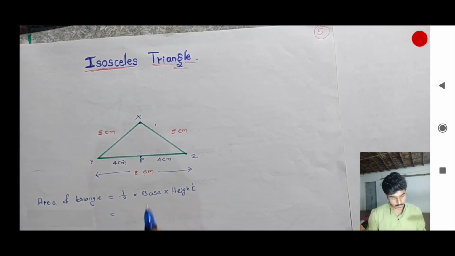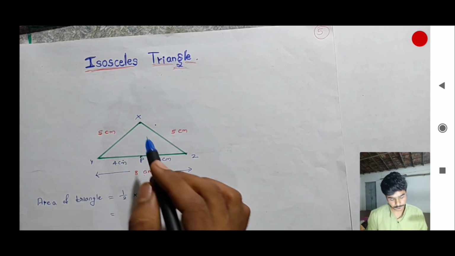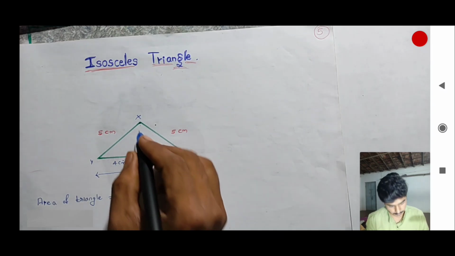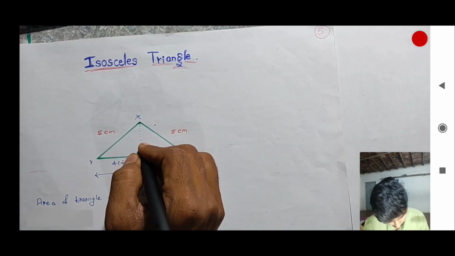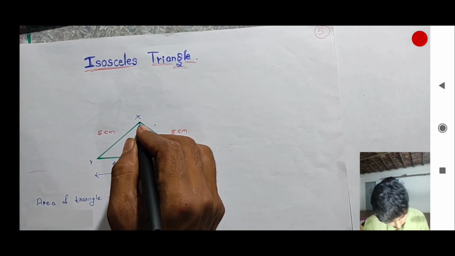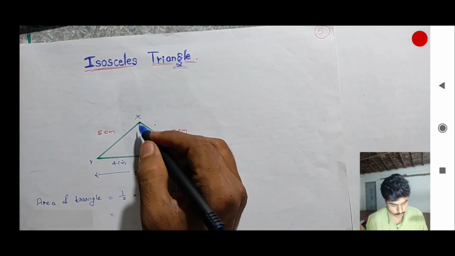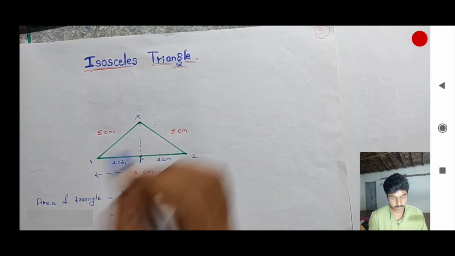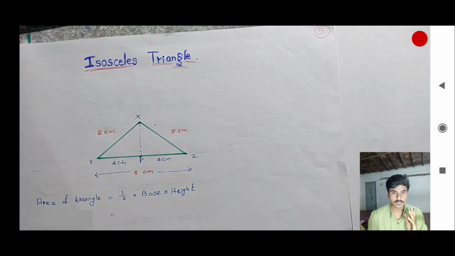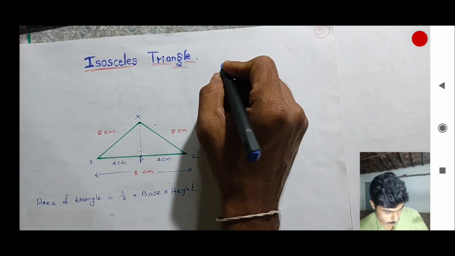Okay. Here also we need to find the value of the height XP. So in order to find the value of XP, we need to take the help of Pythagoras theorem.